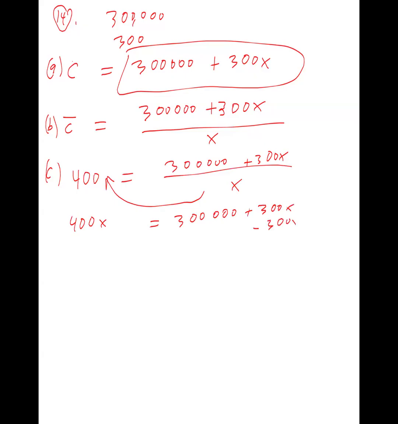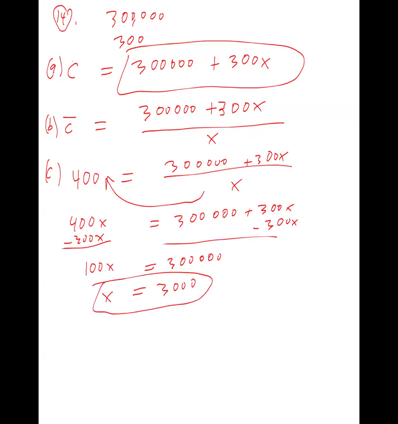Subtract 300x from both sides. And then you'll get 100x equals 300,000. Divide by 100. And you get x equals 3,000. So 3,000 mountain bikes per month. Then let's do number 15.